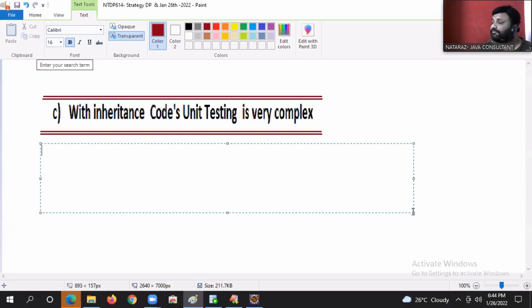Fine, boss. Okay, what is unit testing? Programmers testing their own piece of code is called unit testing.